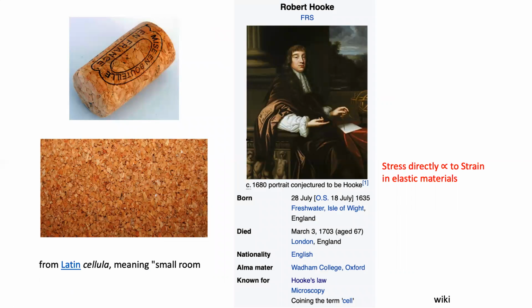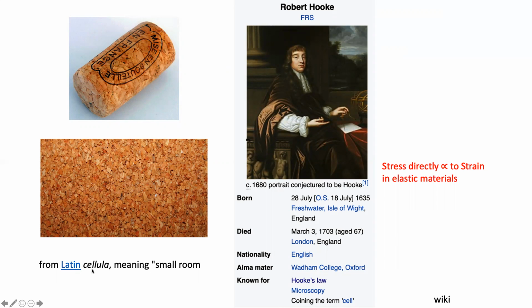Who started talking about cells? This is a gentleman from the Isle of Wight, on the west of the main English island, and he studied the cork of, let's say, a wine bottle, and if you look carefully, there are little small pockets of area, and he termed them small little rooms.